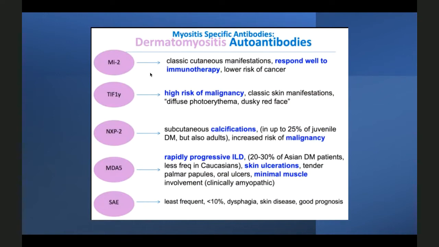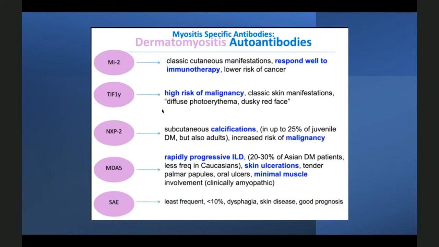This Mi-2 will have classic cutaneous manifestations, and this antibody typically responds well to immunotherapy. The next one is TIF1 gamma. This antibody is very highly associated with malignancy. So when we are thinking about dermatomyositis, it's important for us to check all the antibodies because each of them will have a different kind of presentation.